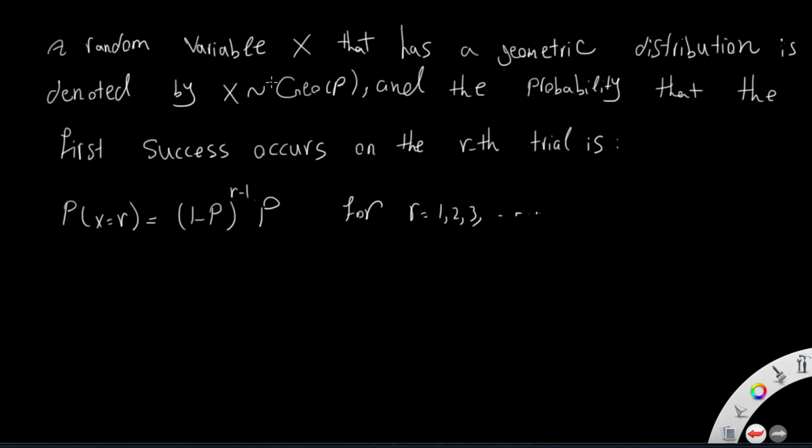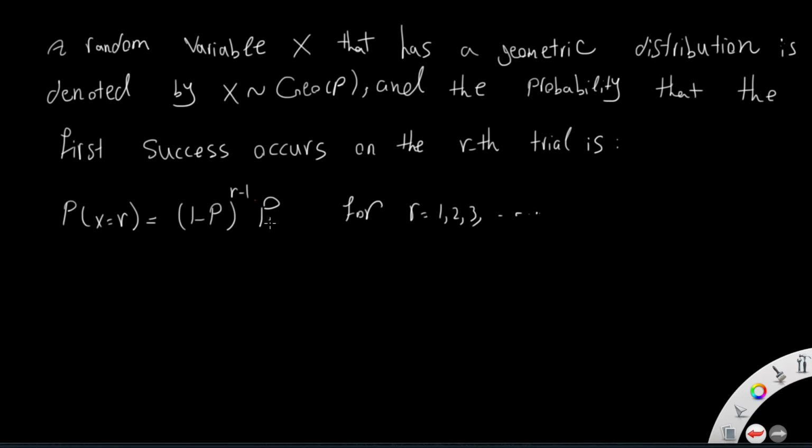So a random variable X that has a geometric distribution is denoted by X tilde Geometric(p), where the parameter p is the probability of success. The probability that the first success occurs on the rth trial, so probability of X equals r, is (1 minus p), which is actually q, to the power r minus 1, because the first r minus 1 trials are failures.